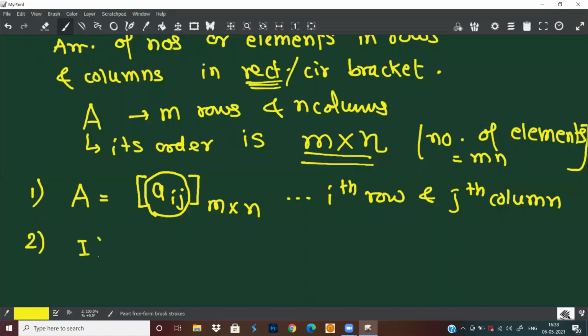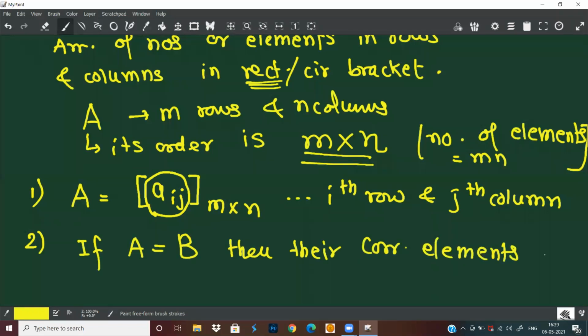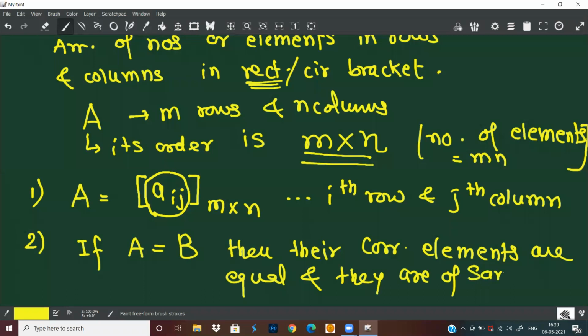Then, if matrix A and matrix B are equal, then their corresponding elements are equal. And obviously goes without saying they are of same order. Replica, जुड़वा मैंने.